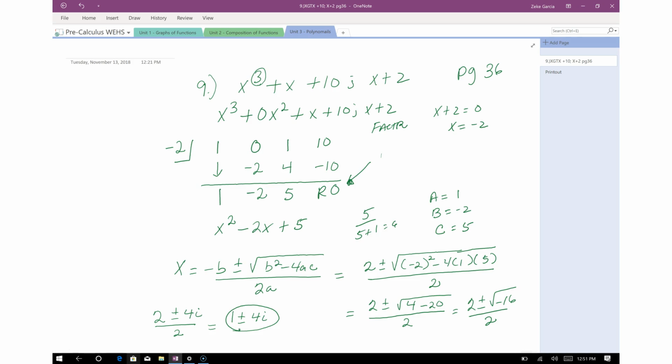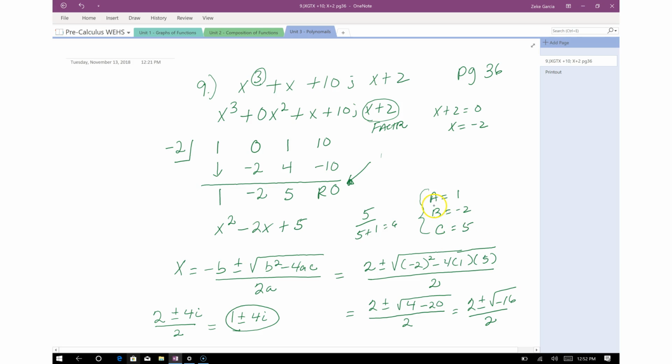So I'm going to go ahead and review this again. We figured out that our remainder was 0, and so x plus 2 is a factor. I have x squared minus 2x plus 5. I decided to let a equal 1, b equal negative 2, c equal 5.